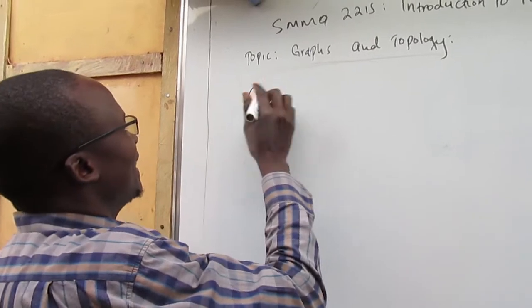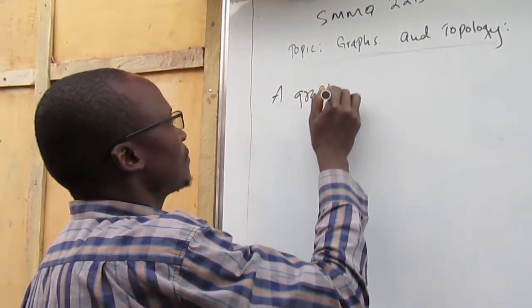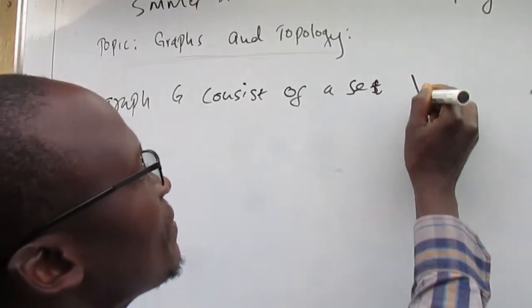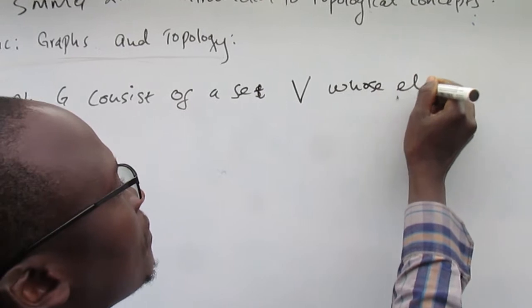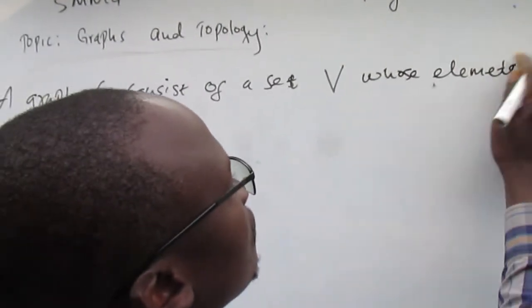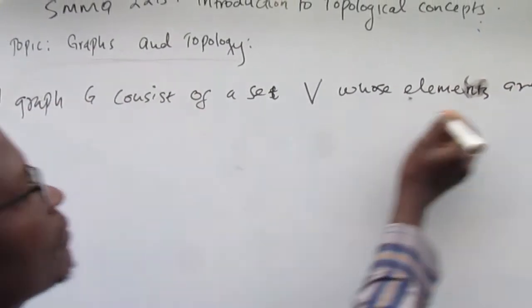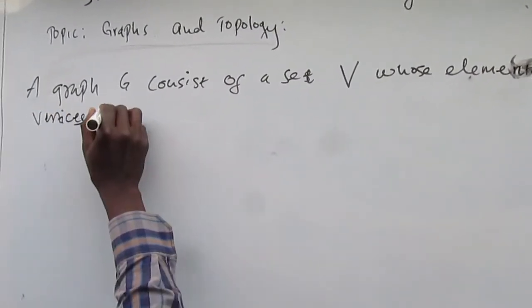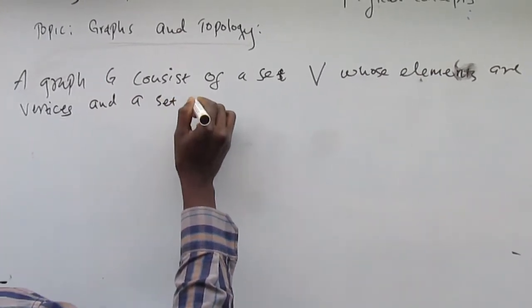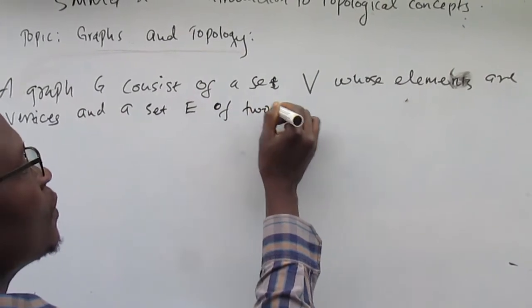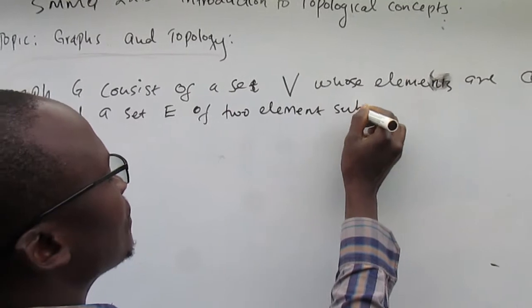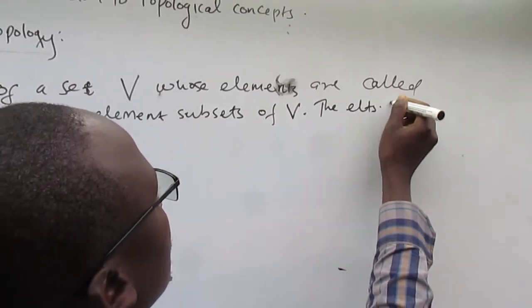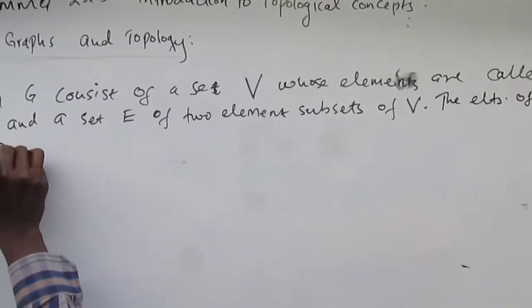So we'll say that a graph G consists of a set V, whose elements are called vertices, together with a set E of two element subsets of V. The elements of E are called edges.